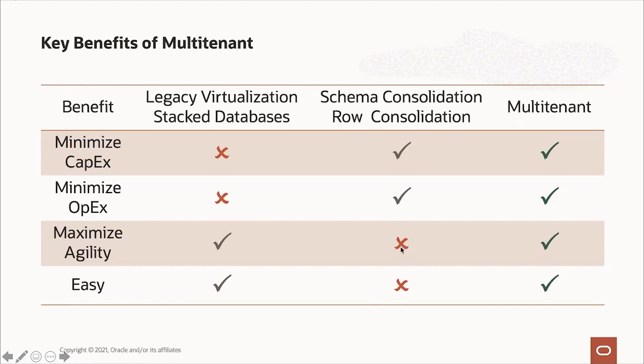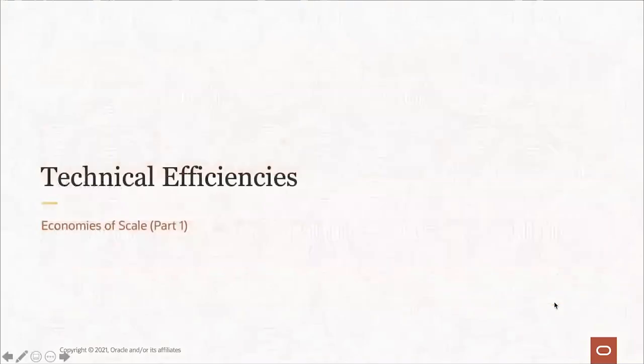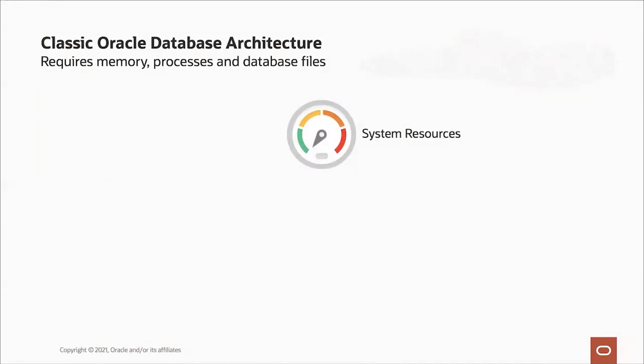And as we discussed, the agility isn't great, but the idea is that multi-tenant should deliver on all four of these benefits. So in the next few slides, I'll be explaining how this is done. But again, let's spend some time first on the whys. And I talked about efficiency. So what are the technical efficiencies of multi-tenant? How do these deliver? This is the first category of economies of scale.